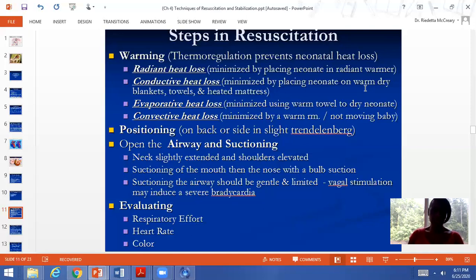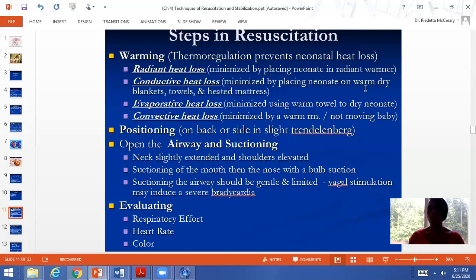Now, once you have received the baby and warmed the baby, you need to position the baby. You don't want to lay the baby on their tummy. The most appropriate position is on their back. You can also lie them on their side, but they need to be slightly Trendelenburg, so their feet should be slightly higher than their head.